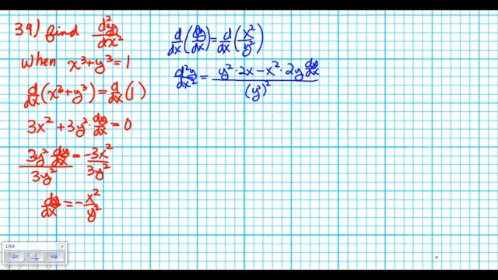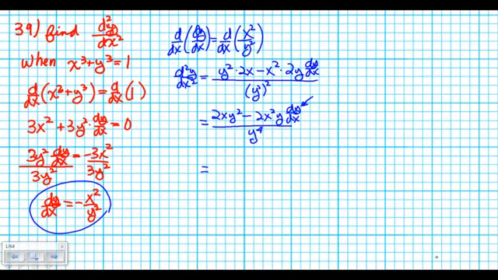Now what? Well, let's clean up a little bit. And we get 2xy squared minus 2x squared y dy dx, and that's all over y to the fourth. Now that is not an acceptable form for the final answer. This dy dx needs to be swapped out for what dy dx is equal to.